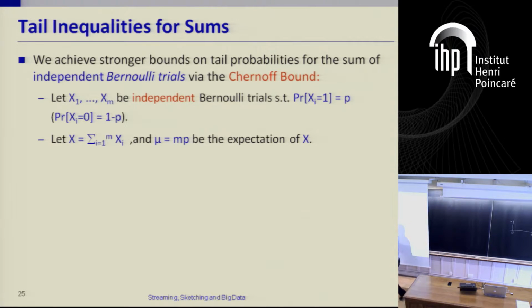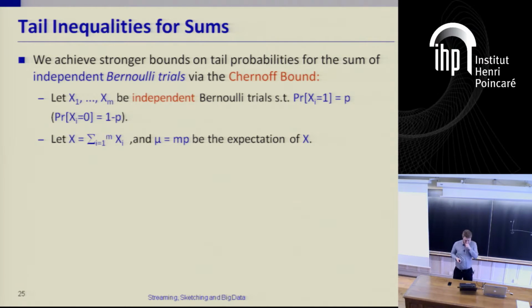So, a new set of random variables, x1 through xm, independent Bernoulli trials, so each one succeeds with the same probability p, fails with probability 1 minus p. So it's 1 with probability p, 0 with probability 1 minus p.